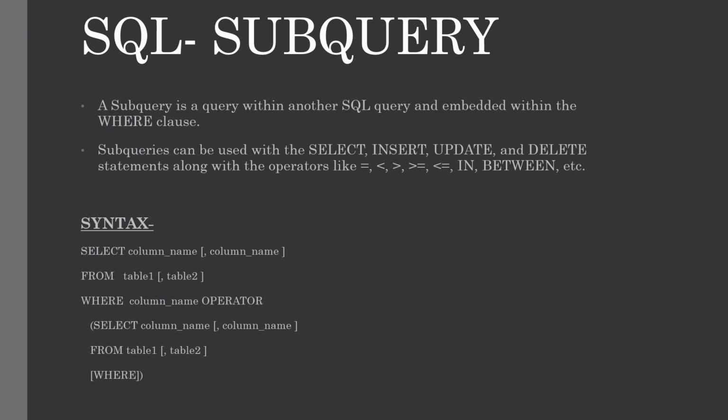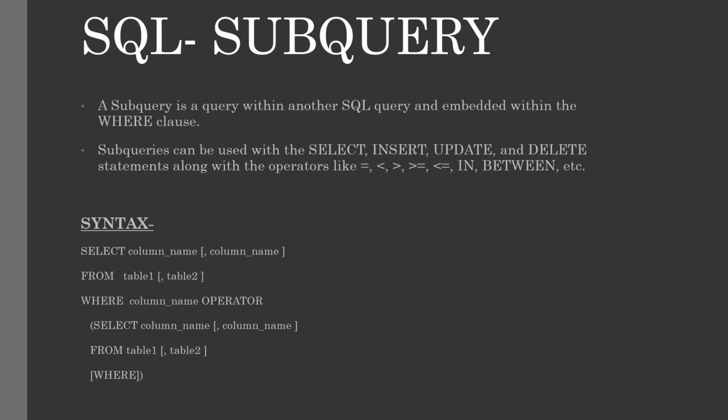Subqueries that return more than one row can only be used with multiple value operators such as the in operator that we have seen earlier. The next rule is that a subquery cannot be immediately enclosed in a set function, and also the between operator cannot be used with a subquery. However, it can be used within the subquery.